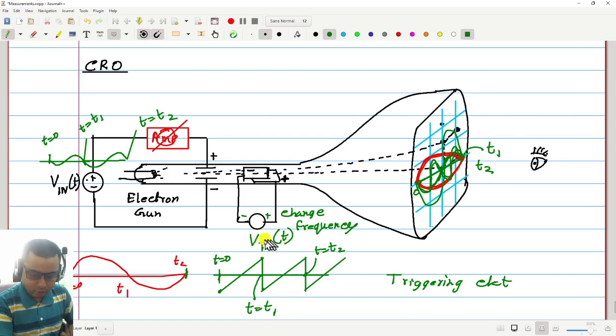That's what I am calling VT, T for triggering. So it can automatically measure the frequency of the input and adjust the frequency of this triggering voltage, so that we get a proper number of cycles on the screen.